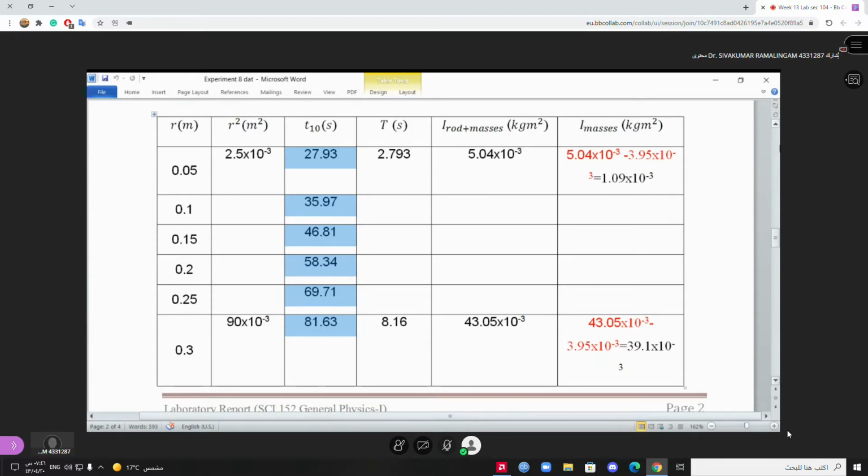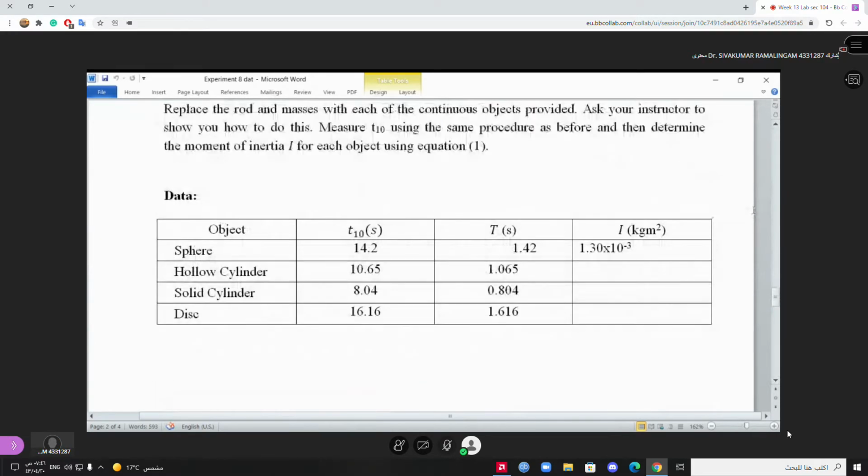You copy this data also. You copy only this.